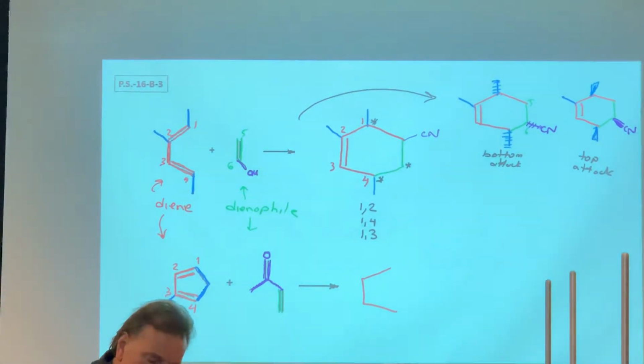So if we have this situation, I think what I have is 1,2, 1,3, and 1,3, right? I think the second case is not as good because 1,3s are bad, right? The first case is better, yes?